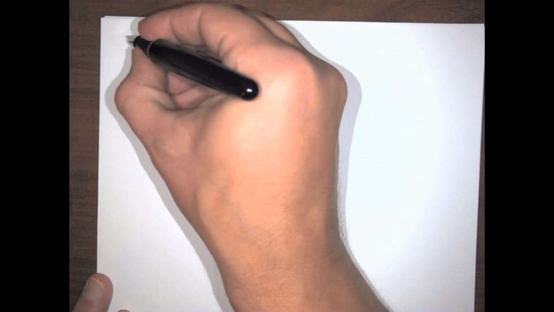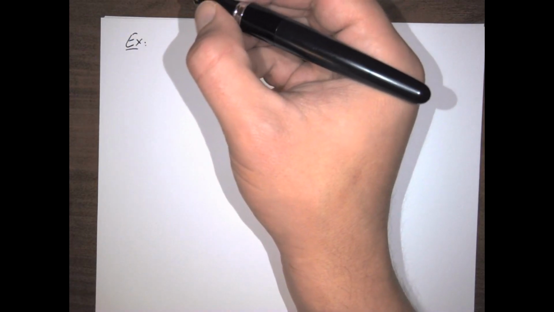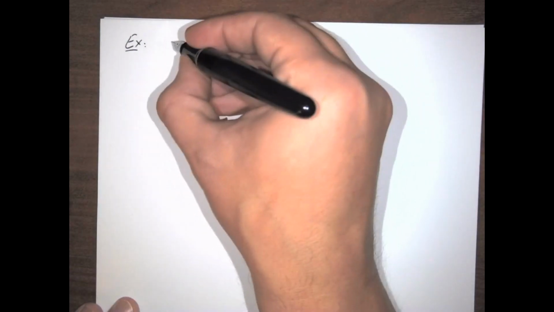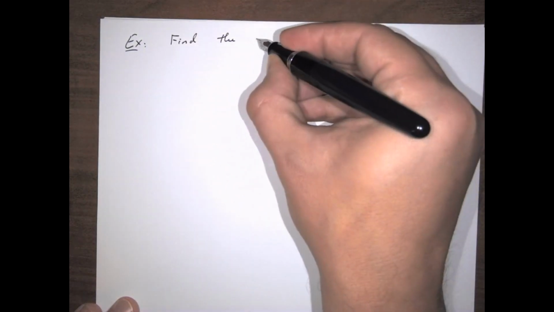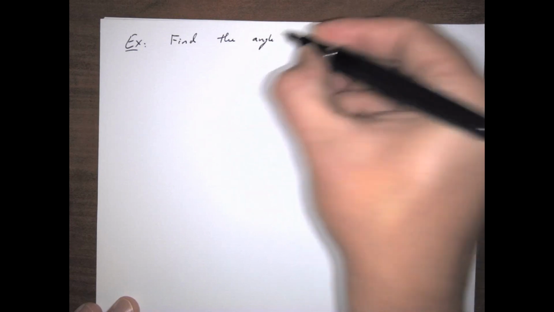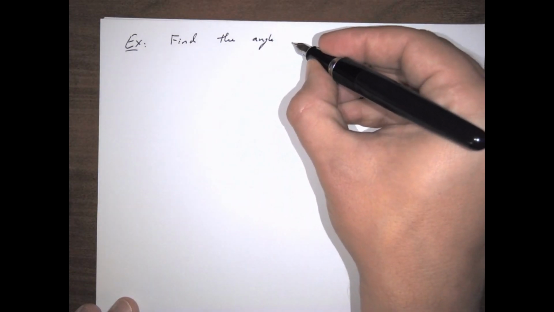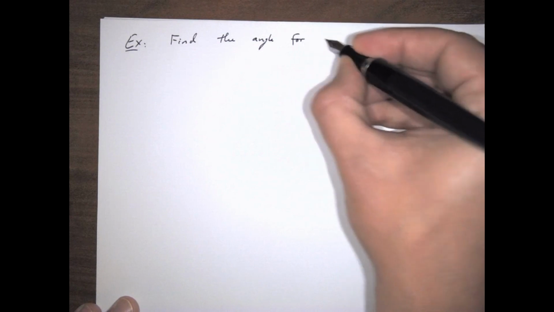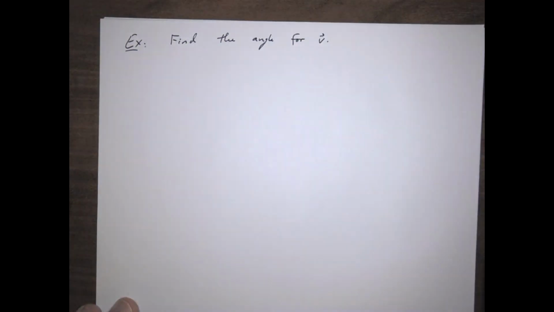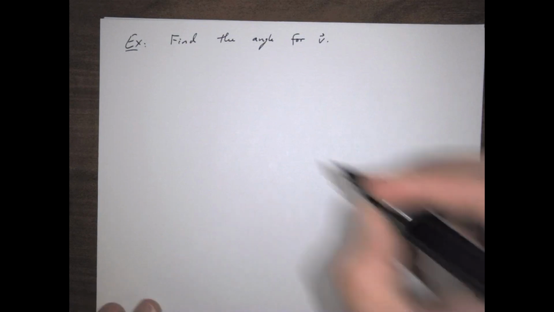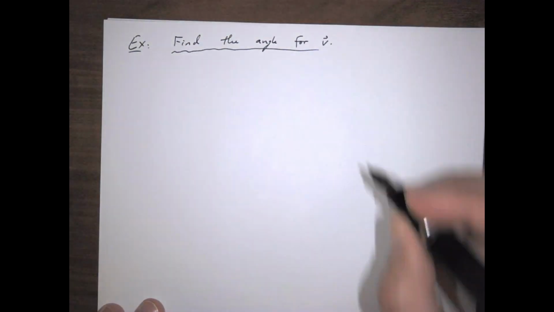Now, an alternative version of this, when we turn it around, we can be given the vector in its component form, and we can ask for its direction. So find the angle for V. And by angle, by default, we're going to mean standard position unless we have some reason to vary that.